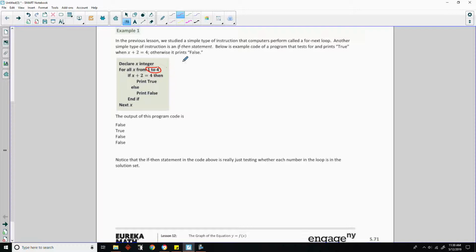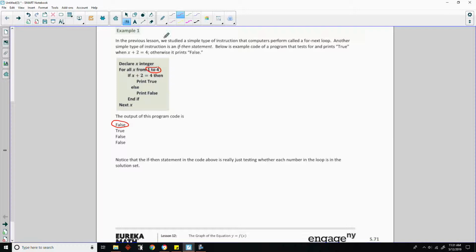So we take 1 and substitute it in. 1 plus 2 equals 4? 1 plus 2 is 3. 3 does not equal 4, thus a false outcome. So it says, else print false, so it printed false, and if, then the next x.